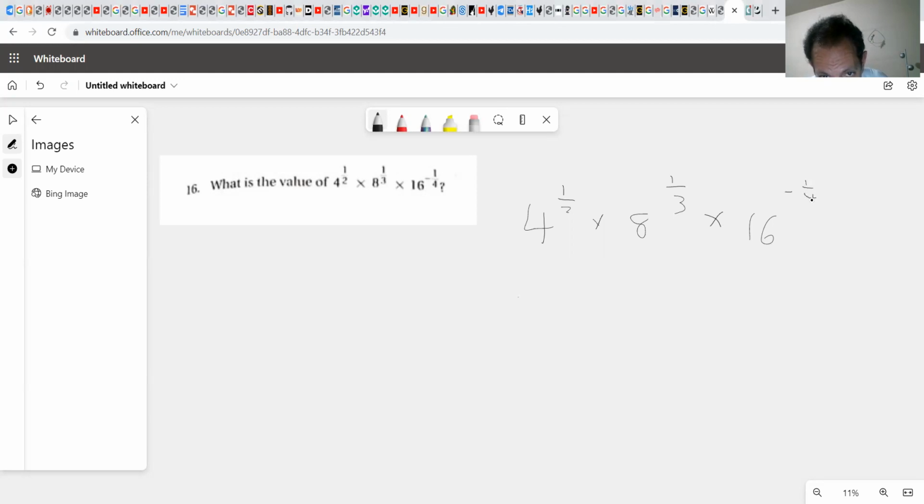Now instead of 4, I'm going to write 2 squared, so let me put in parentheses 2 squared, and then that raised to the 1/2. Times, instead of 8, I'll put 2 to the 3rd, so 2 to the 3rd raised to the 1/3.